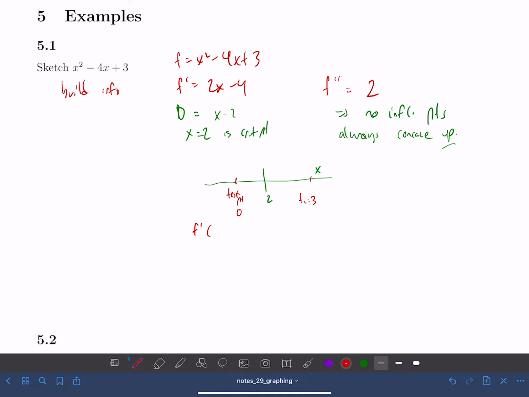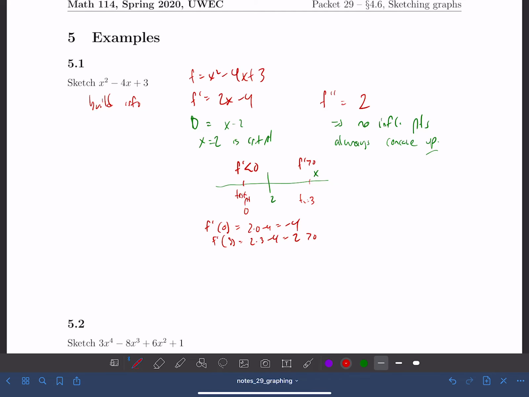So f prime at 0 is equal to 2 times 0 minus 4 equals minus 4, which means that f prime is negative. We're determining the increasing, decreasing nature of our function f. Over here on the other side, f prime of 3 is equal to 2 times 3 minus 4 equals 2. It's bigger than 0, so f prime is bigger than 0.